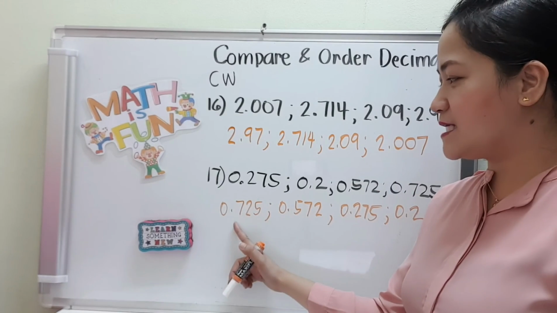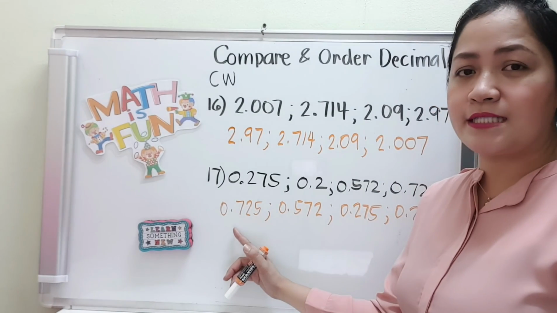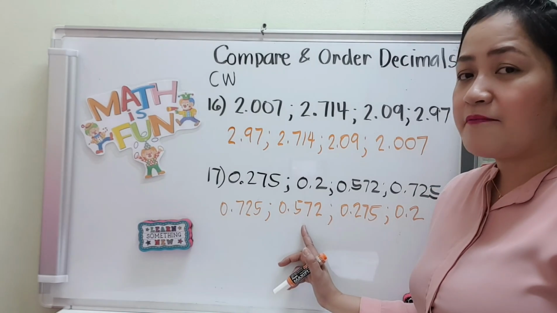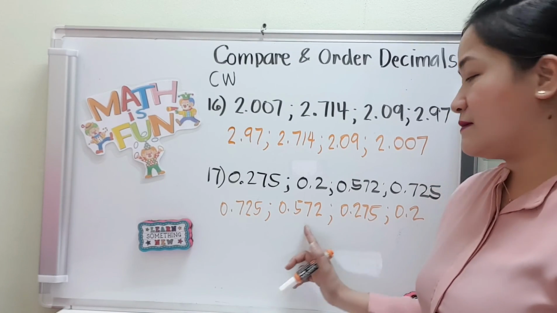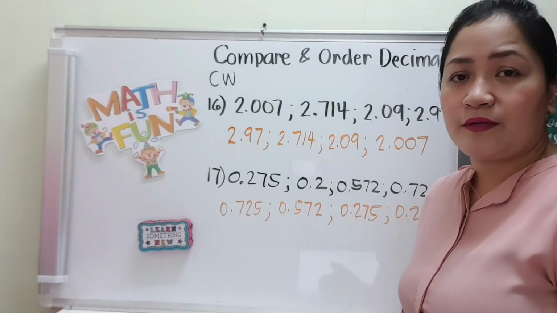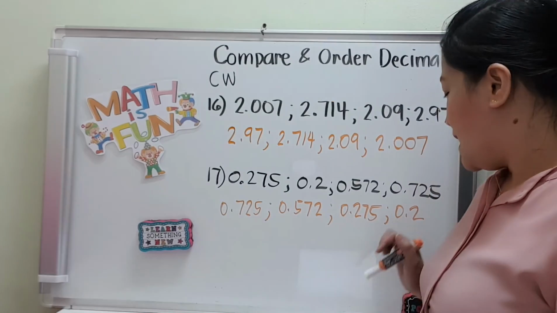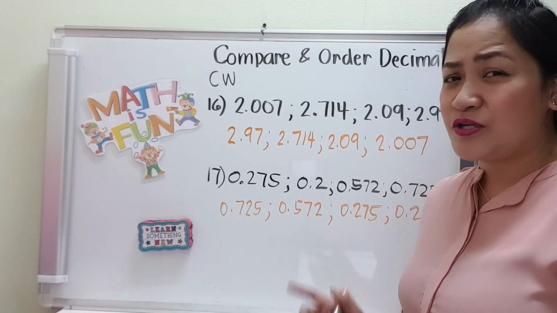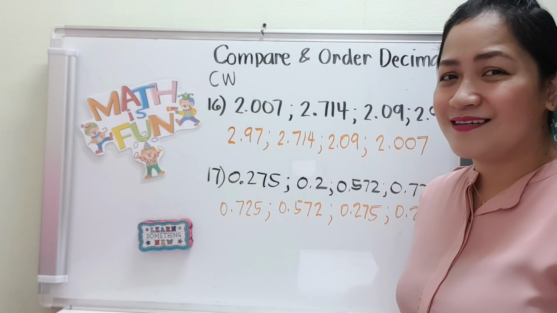For number 17, the greatest number is 725 thousandths, and then 572 thousandths, followed by 275 thousandths, and the least number is 2 tenths. Did you get both correct?